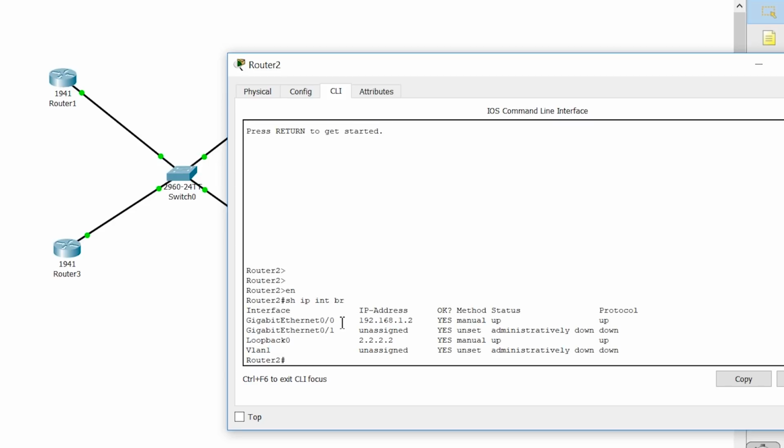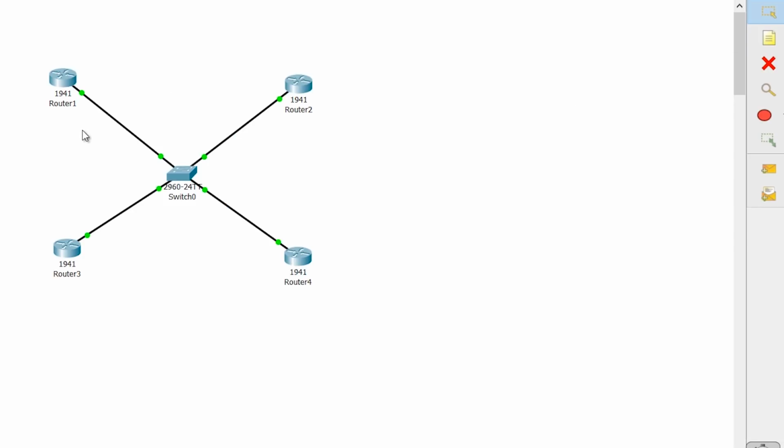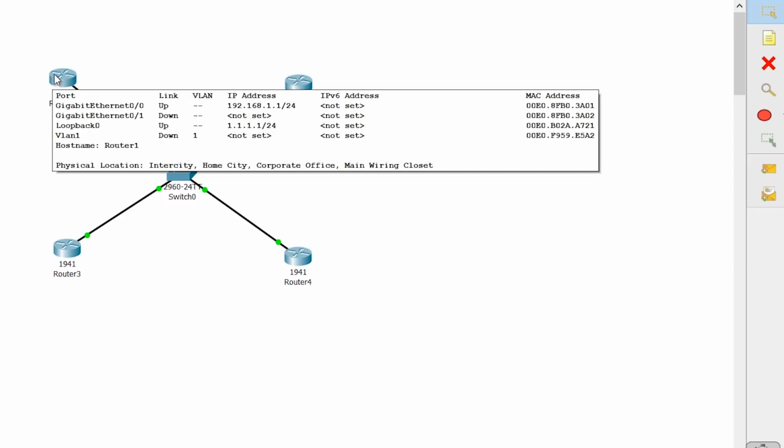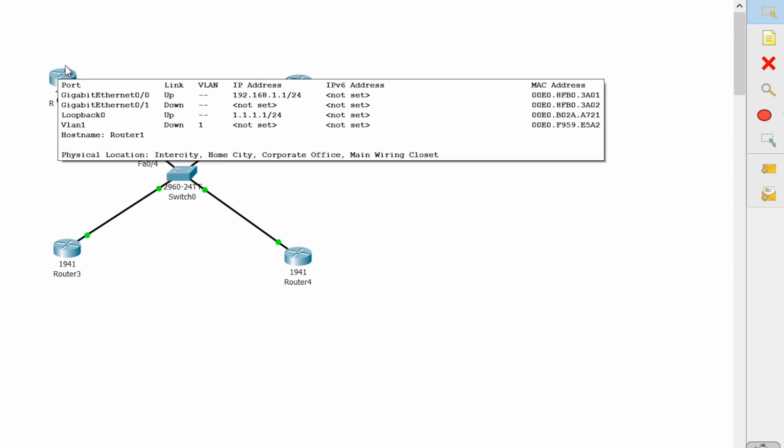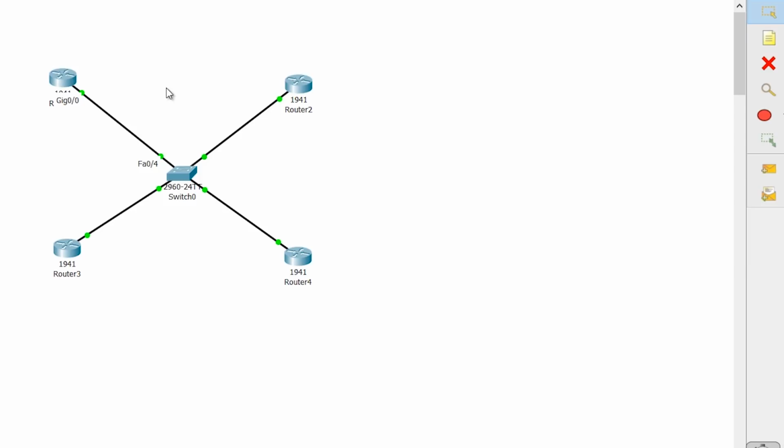So I've just put 192.168.1.2 and 222, and each of these interfaces 192.168.1.1, 1.2, 1.3 and 1.4, and router 1 has a loopback interface of 1.1.1.1, router 2 has 2.2.2.2, router 3 has 3.3.3.3, and router 4 has loopback interface of 4.4.4.4. So because of the loopback interfaces, each of these routers take that IP address as their router ID. So this becomes router ID of 1.1.1.1, right? And similarly, all the others.